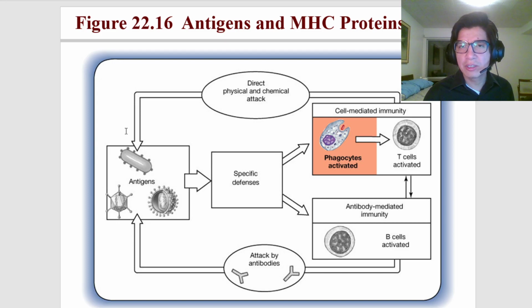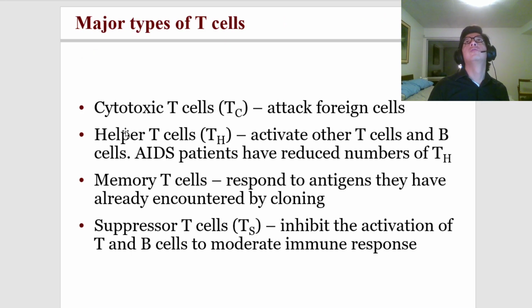Okay, let's talk specifically about the activation of T cells through these antigen presenting cells. This process is highly specific, and there's a lock and key mechanism occurring between the antigen presenting cell and the T cell itself.